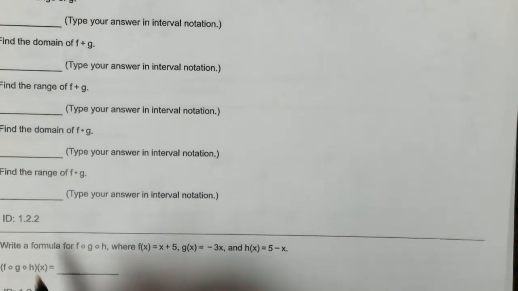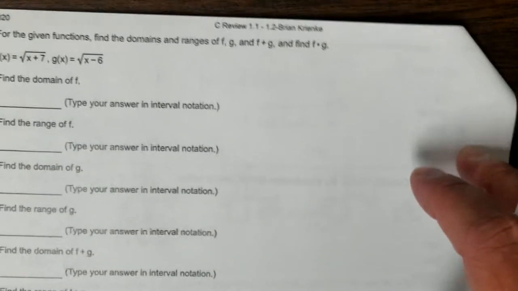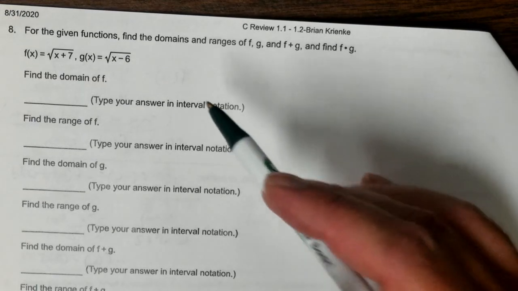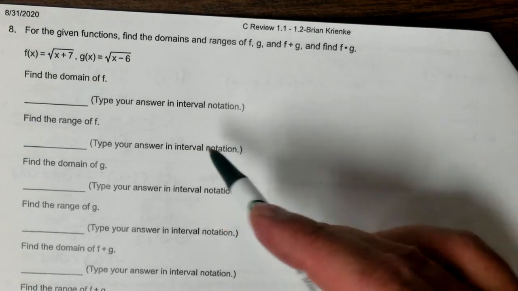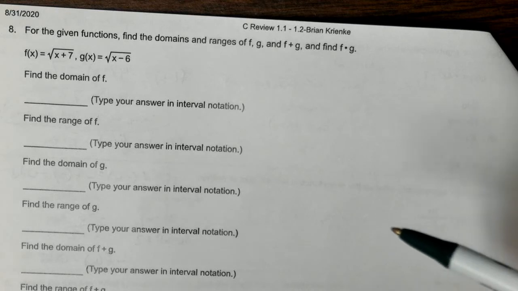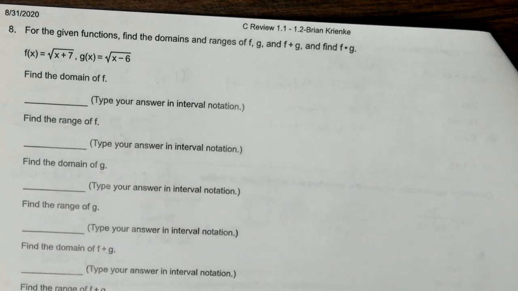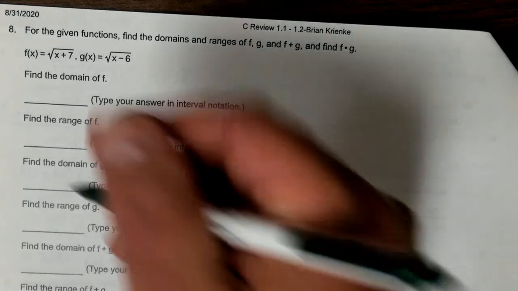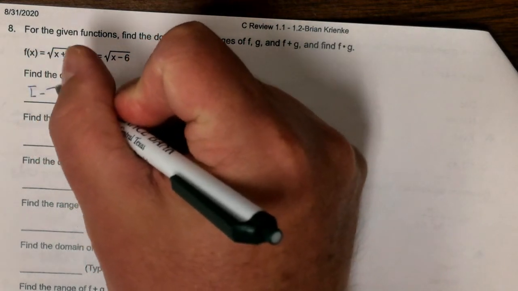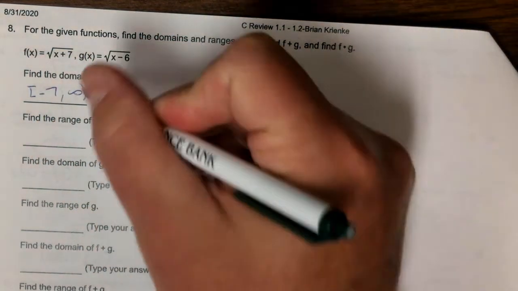Okay, now we're moving on to section 1-2 problems. Find the domain of f and the range and so forth. So this is a square root function that goes over to the side. So this would be negative 7 infinity.